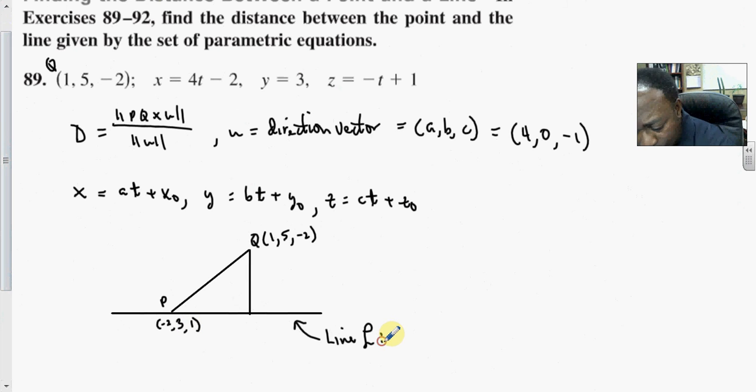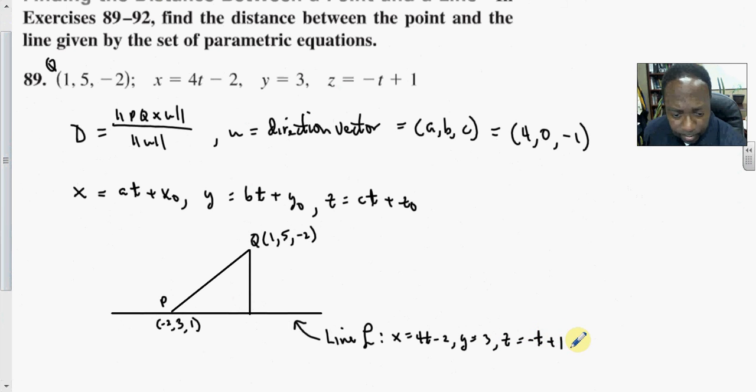So then the line is given by x equal to 4t minus 2, y is equal to 3, and z is equal to -t plus 1.